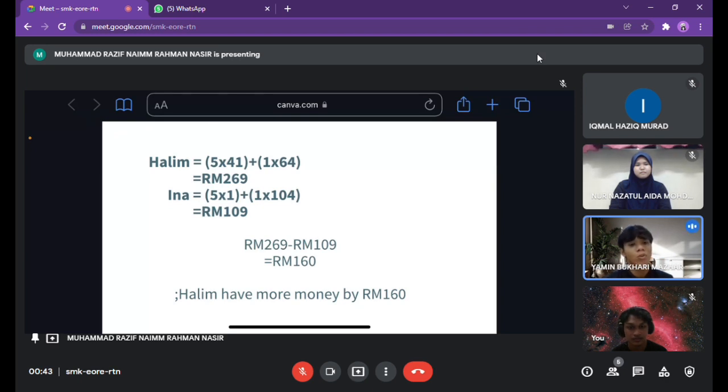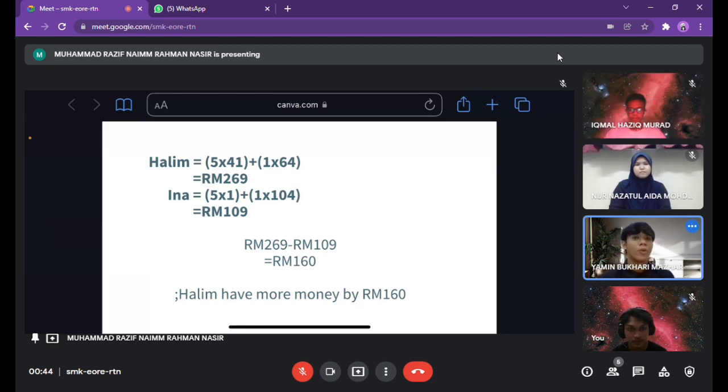So the equation is 5 times 41 plus 1 times 64, which gives 269 ringgit for Halim. Meanwhile, Ina has 1 piece of 5 ringgit and 104 pieces of 1 ringgit, so the equation is 5 times 1 plus 1 times 104, which gives 109 ringgit for Ina.